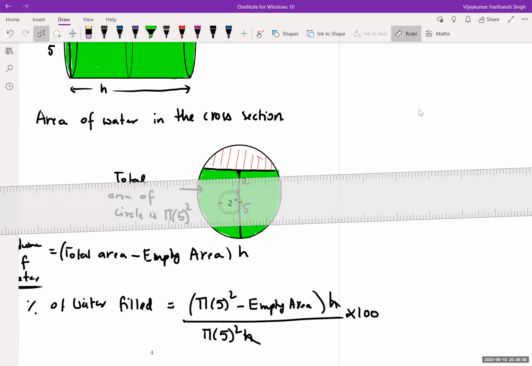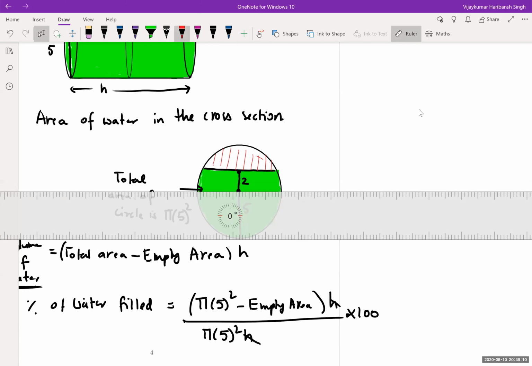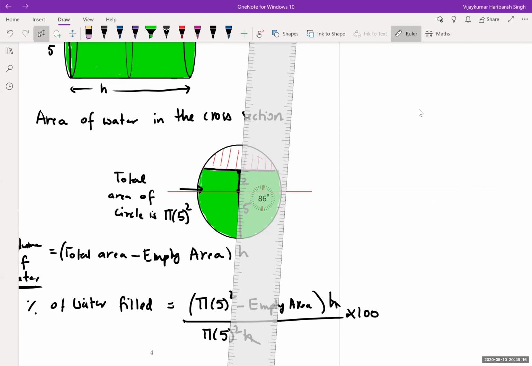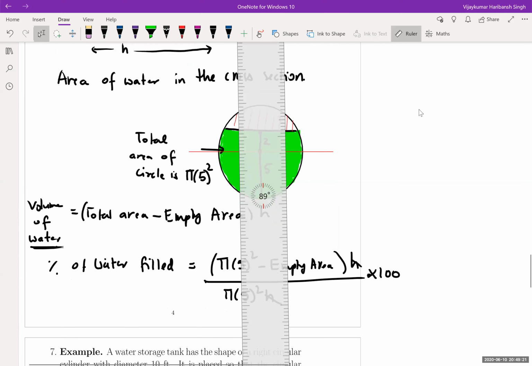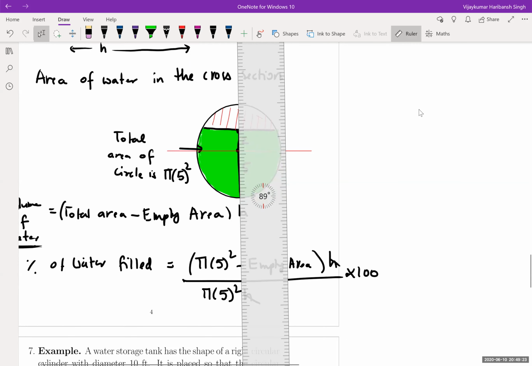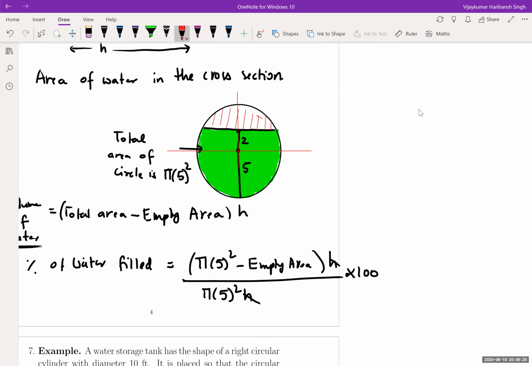Let's introduce the origin. Now we want to find out this area.